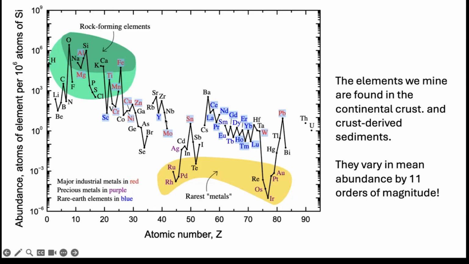These are things that are usually on the left-hand side of the periodic table, the left-hand side of the atomic number chart, except for lead, because lead was created by uranium decay as well. And then the precious metals are in purple. Let's see what they're considering with precious metals.